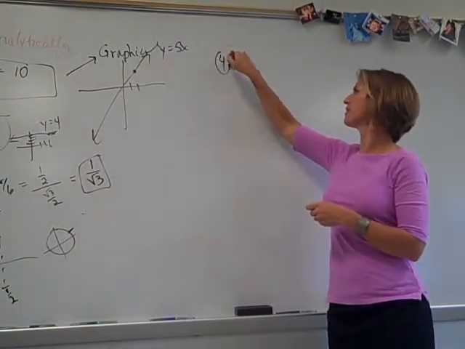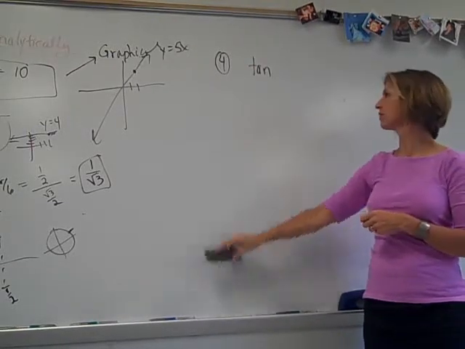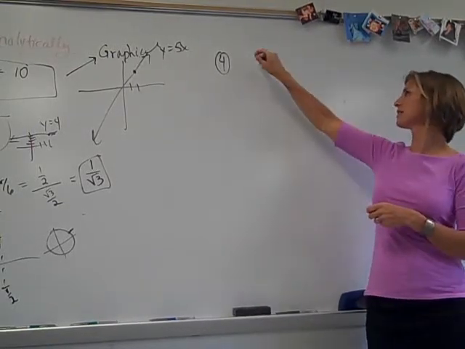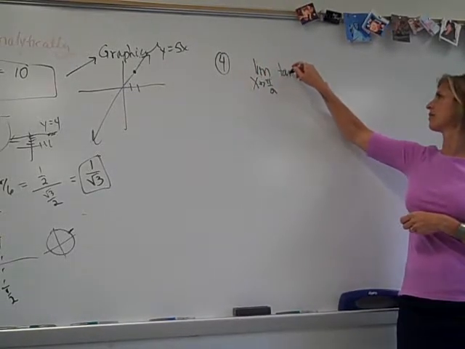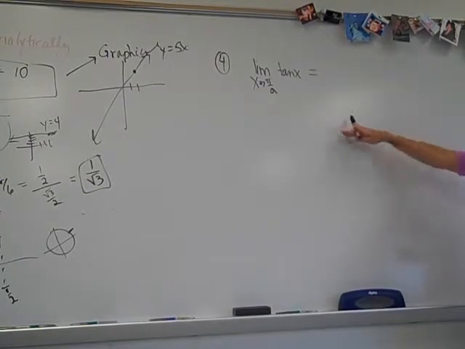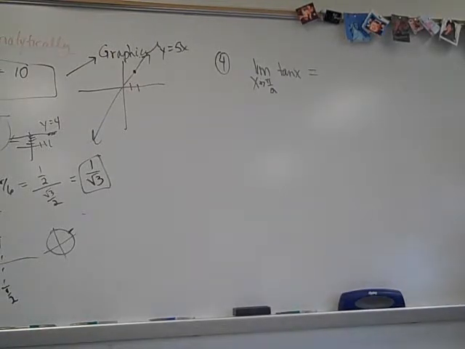What about stuff like this? What if I have the tangent instead? Instead of pi over 6, what if I look at the limit as x approaches pi over 2? If you were just going about this problem and you thought, oh, I'm just going to plug in pi over 2, you, first of all, would get a 0 in the denominator, and you'd be like, crap. So you'd have to decide, does not exist, or is it actually infinity?